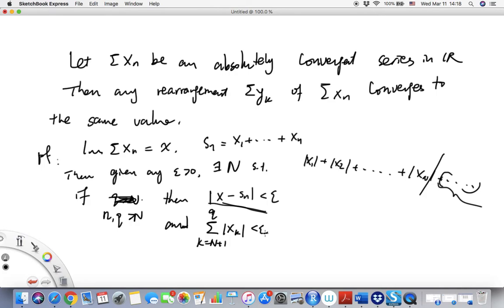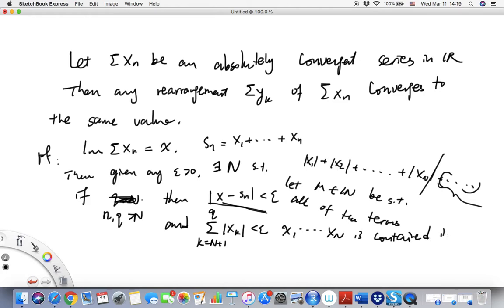Okay, then what's next? We let M be such that all of the terms x1 to xN are contained in y1 plus all the way up to yM.